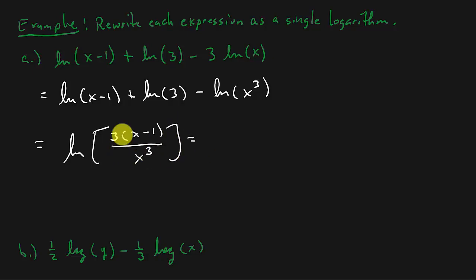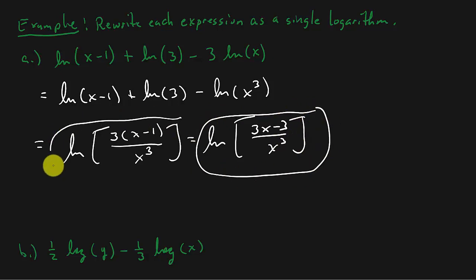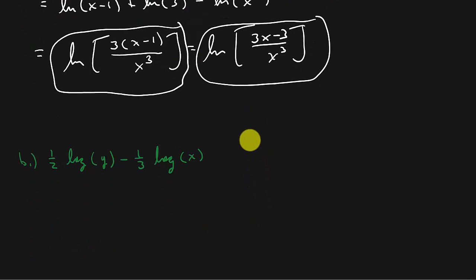And then if you want to, I mean, it's fine if you leave it like that. I guess depending on who your teacher is, if you're my student, you can leave it like that. But you can also distribute the 3. This or this, I think, should be fine for most teachers anyway.